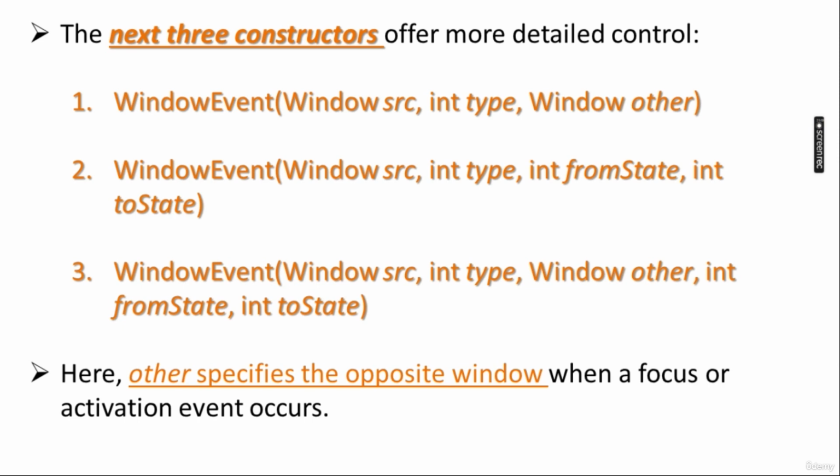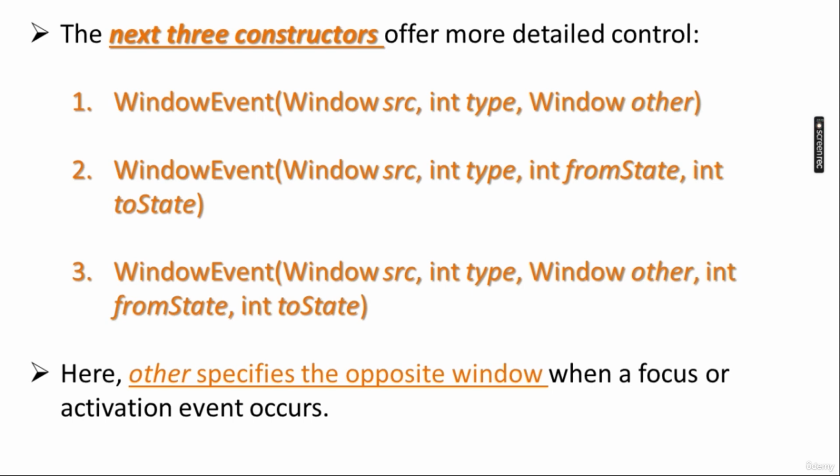In the first format, the other window object is given. In the second format, only fromState and toState are given as constant integers. And the third one has both the values from the first as well as the second constructor: other as well as fromState and toState.